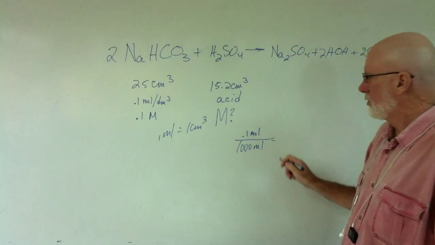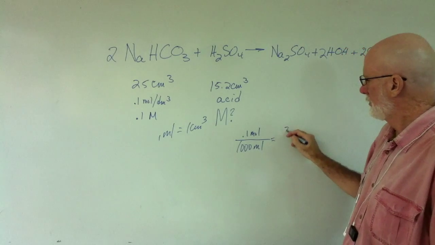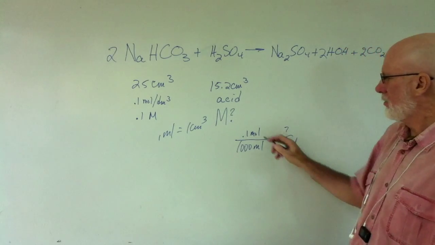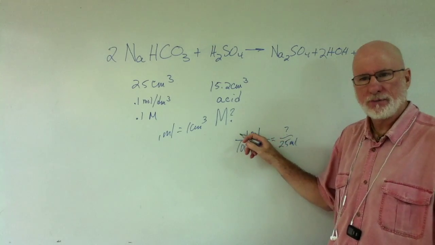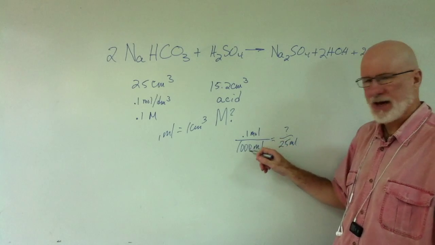So how many moles are going to be in 25? So multiply 0.1 times 25 divided by 1,000.